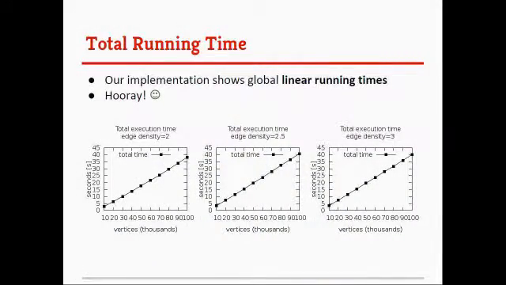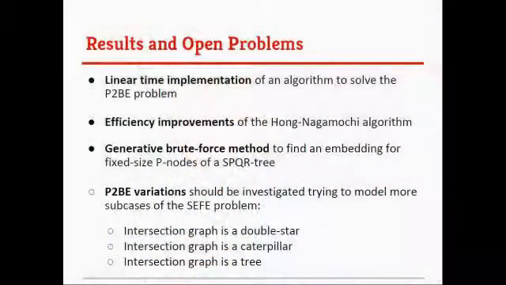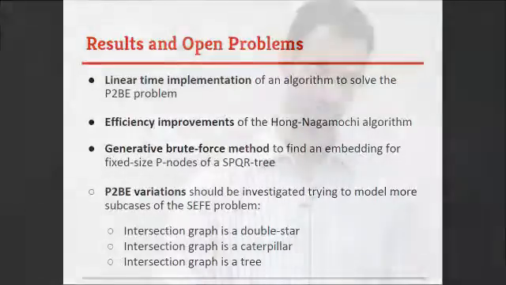The result of our experimentation met our expectations, since the application runs in linear time with our dataset. To conclude, the result of our work is an implementation of an algorithm to tackle the P2B problem.